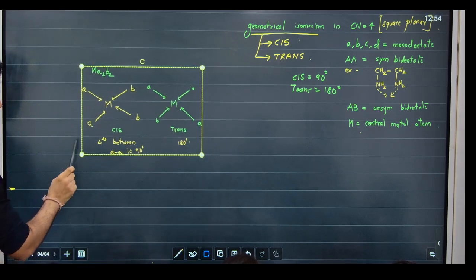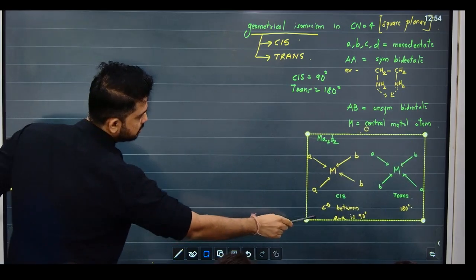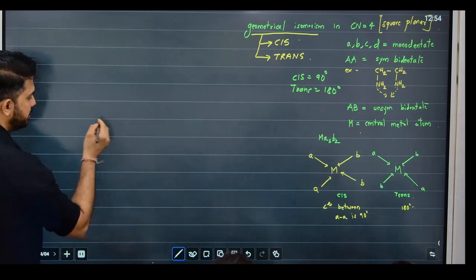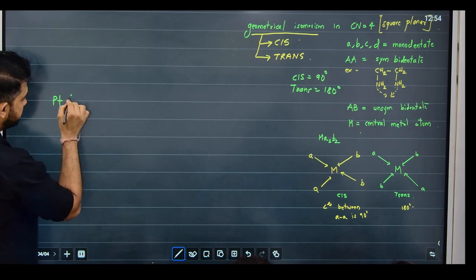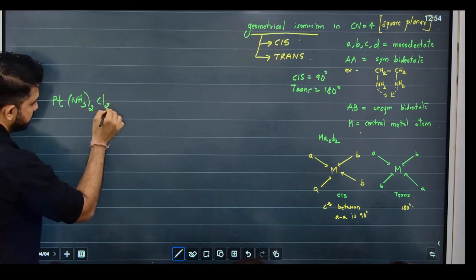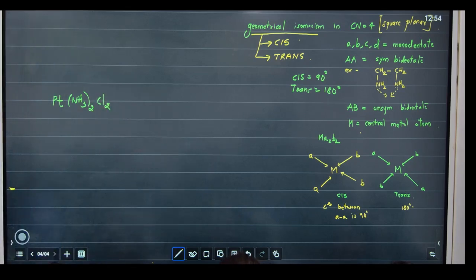Remember, I want coordination number 4. So what can be the next type? Now exam में ऐसे नहीं आएगा. Exam में probably they'll ask you that, let's say I have this particular coordination compound. What type of GI can it show? Can it show geometrical isomerism? Yes. How do I compare?